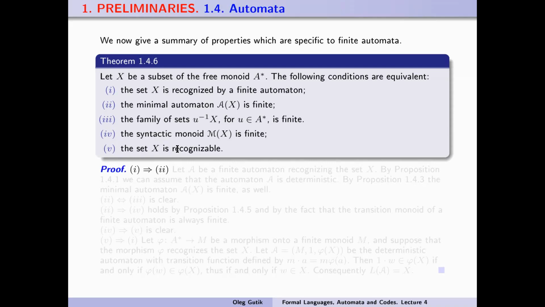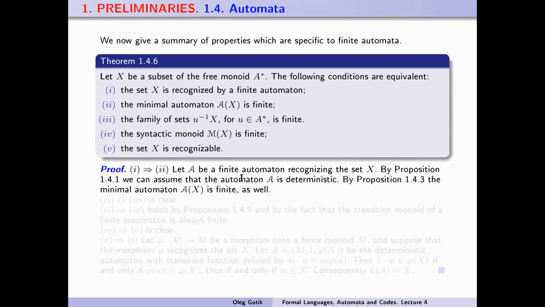So at first we show that the implication from 1 to 2 holds. Let 𝒜 be a finite automaton that recognizes the set X. By proposition 1.4.1, we can assume that the automaton is deterministic.